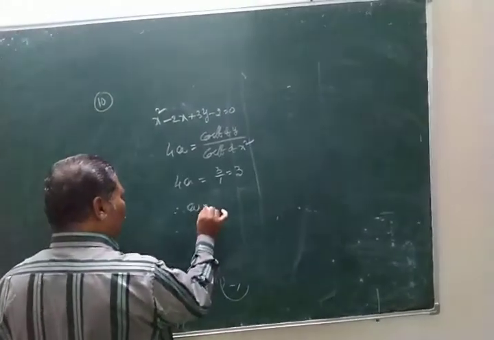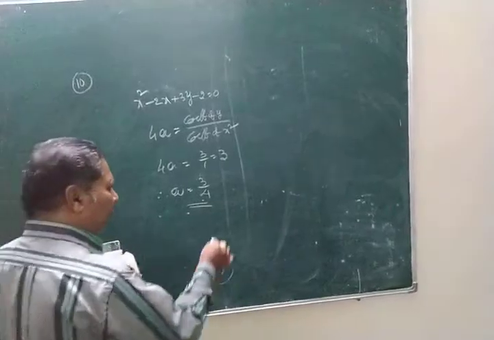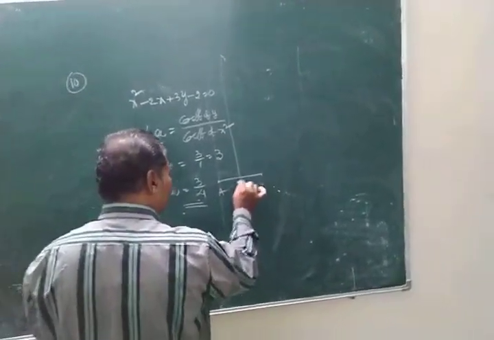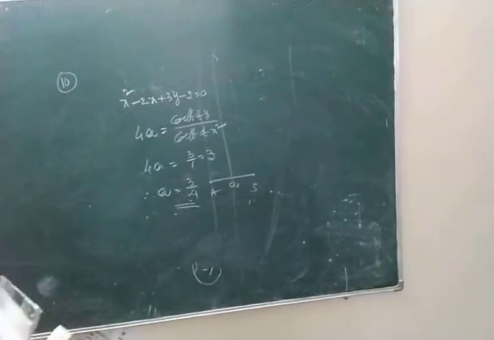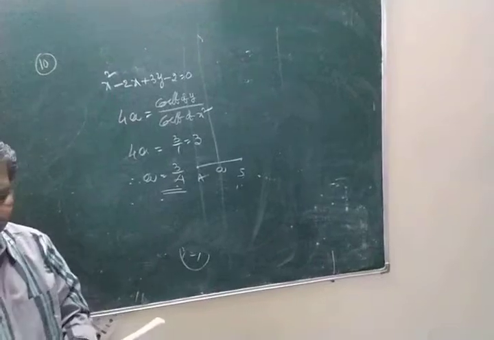Therefore, a value is 3 by 4. Distance between A and S, a equal to 3 by 4.